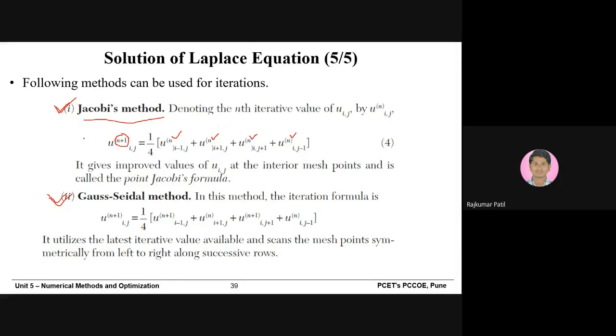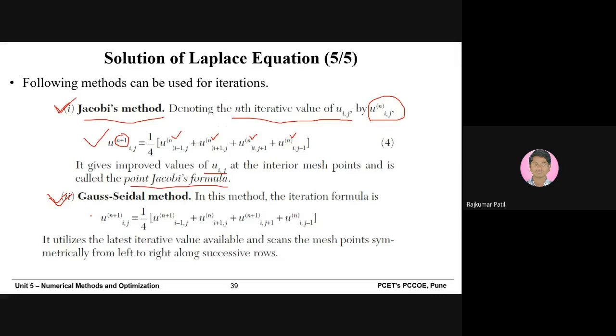This is the formula given by Jacobi, known as Jacobi's method, and it is used for denoting the nth iteration value of u_ij by u_ij raised to n. It gives improved values of u_ij at the interior mesh points and is called the point Jacobi's formula.